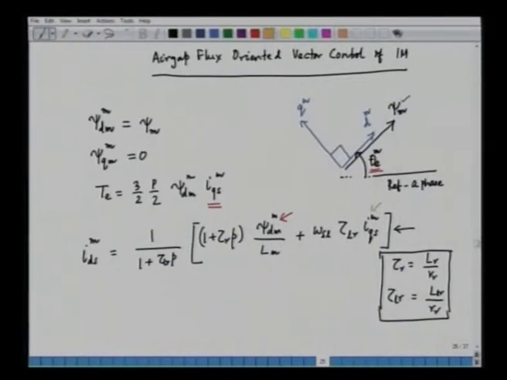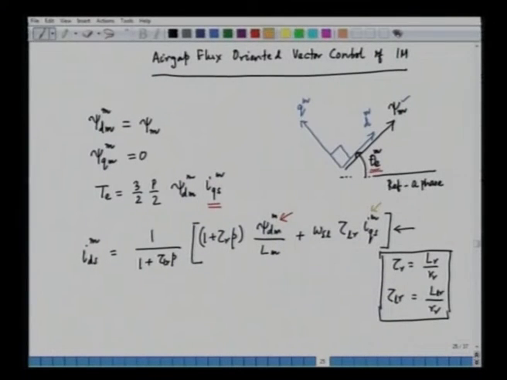Now, if you change IQS, we have to also change IDS. IDS can no longer be constant; we have to change IDS to keep the flux constant. So, if you want to change the torque, you should also change IDS in association with the change in IQS to ensure a constant flux. This has to be implemented to ensure that there is a decoupling between the torque and flux.